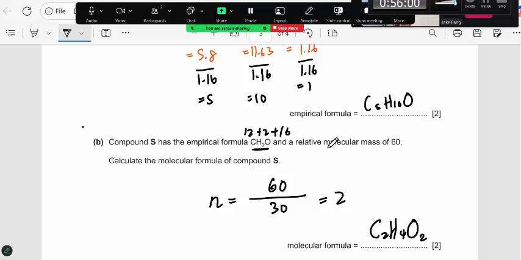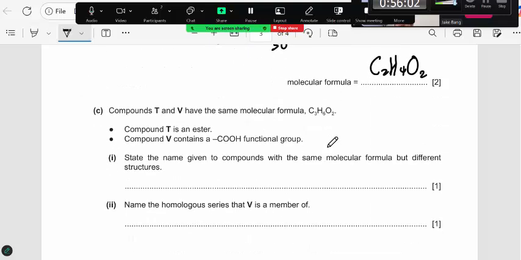Okay. Compound T and V have the same molecular formula. Compound T is an ester. Compound V has a functional group COOH, so obviously compound V is an acid. An acid with 3 carbons is called what? Propanoic acid. Same molecular formula but different structure is called structural isomers.